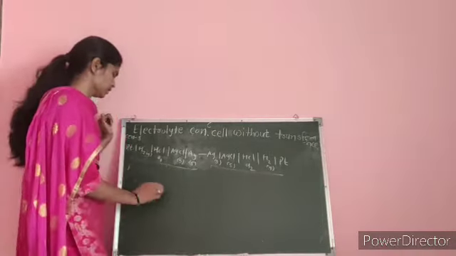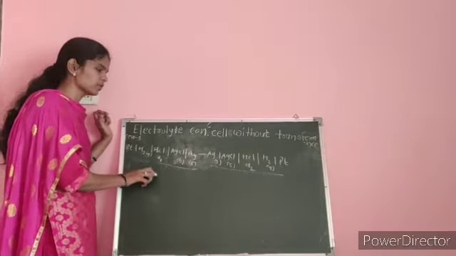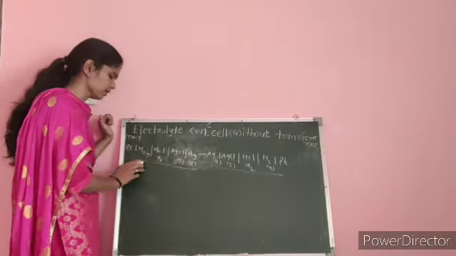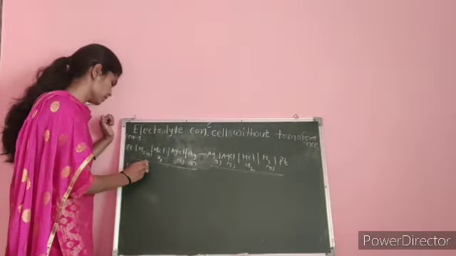Sorry, here the overall reaction is difference between equation number first and equation number second. Therefore write down 1 half H2 plus AgCl.